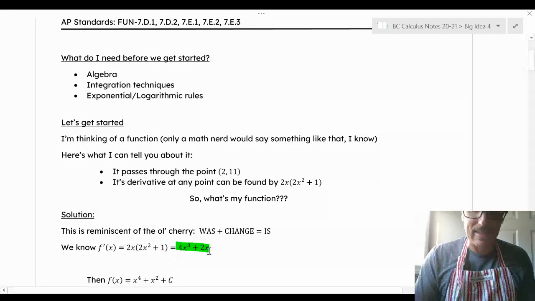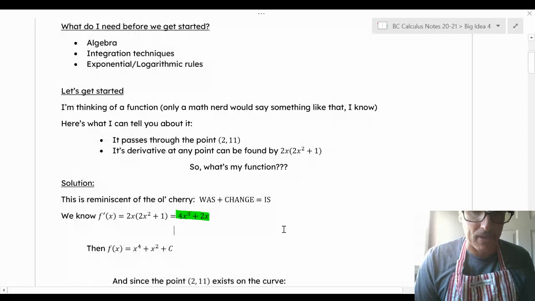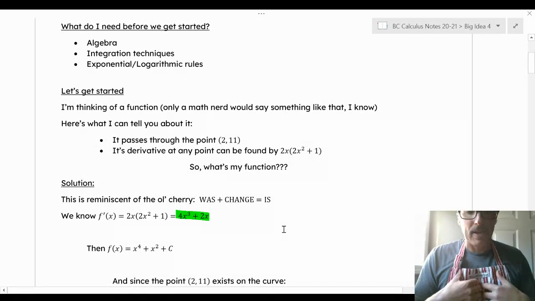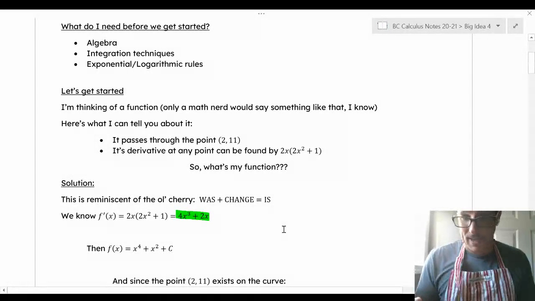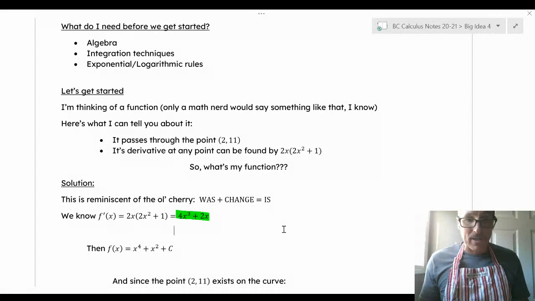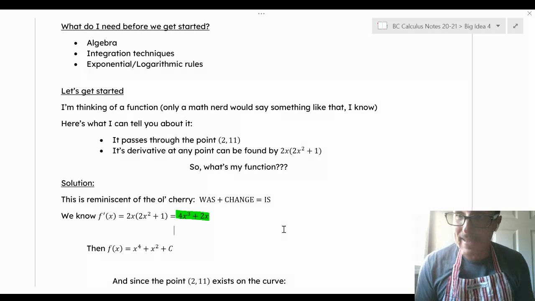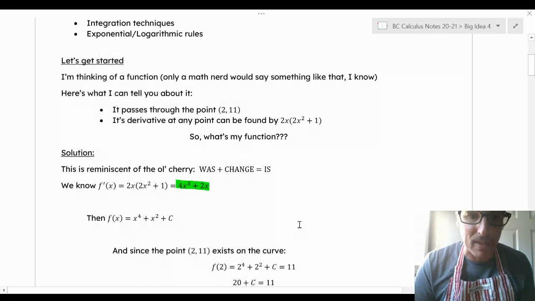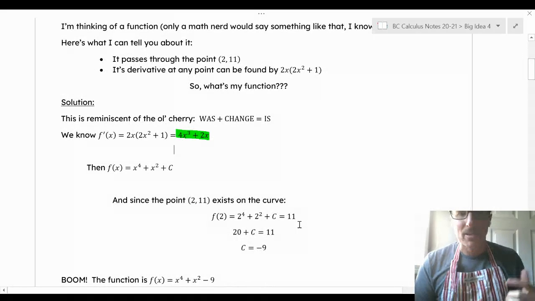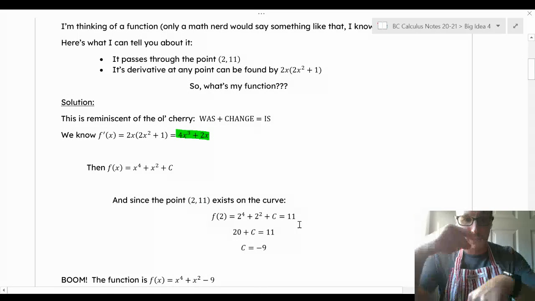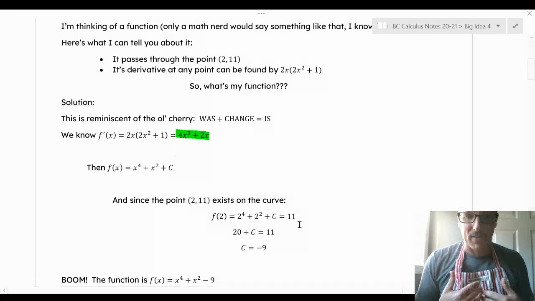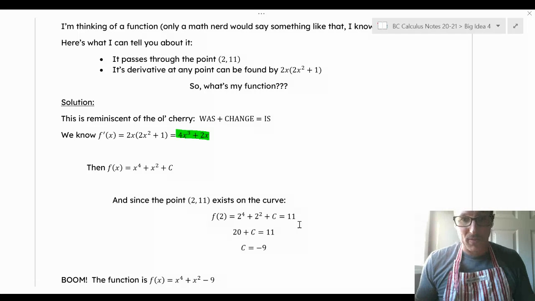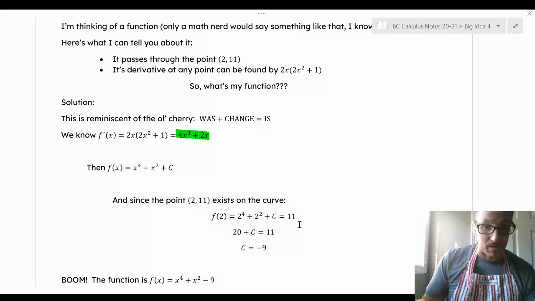And I can take the antiderivative of that pretty easily, right? That's going to be x to the fourth plus x squared plus some mystery constant. Okay, all I got to figure out is what that mystery constant is. And to do that, I need that initial condition, (2, 11), so I can plug in 2 and 11 into the places that they're supposed to go. f of 2 is 2 to the fourth plus 2 squared plus the mystery constant.